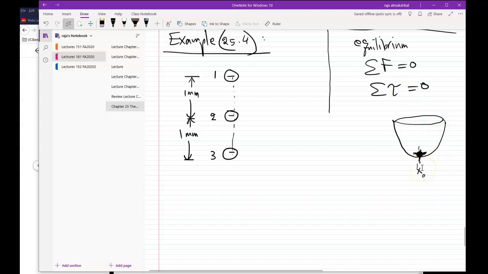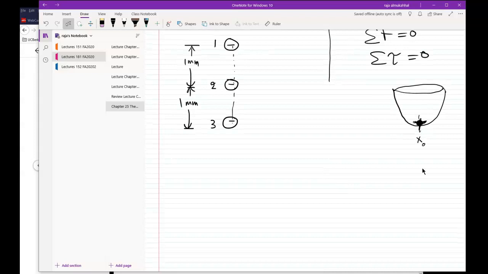You got that? Now, take the same situation, the same bowl of cereal, but this time I'm going to flip it like that. There it is. Now I'm going to put the ball here, at x0, the equilibrium position.